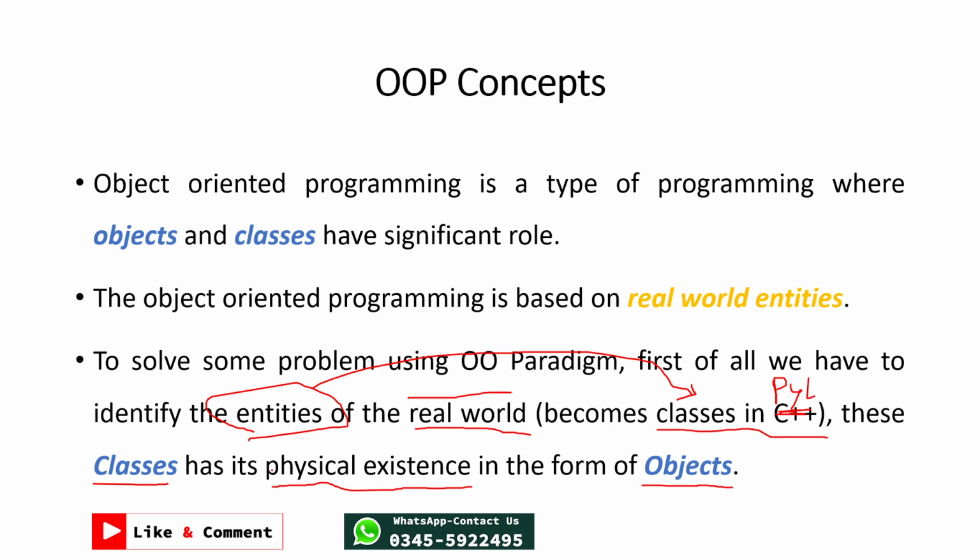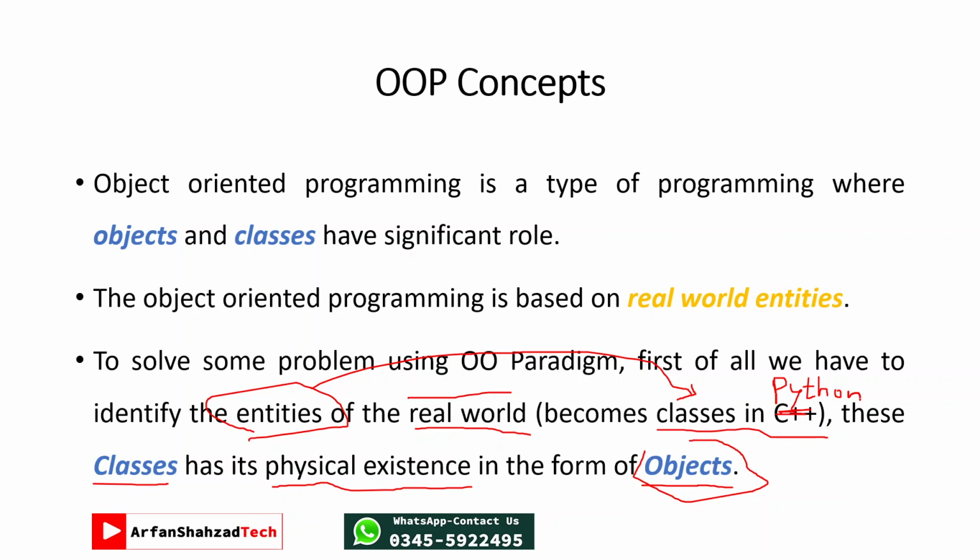Then these classes have their physical existence in the form of objects, because even if we are doing programming using C++ or Java or PHP or Python, the basic concepts of object-oriented programming are always the same. We must have some classes, we must have objects, we must have data members of class and function members of class.